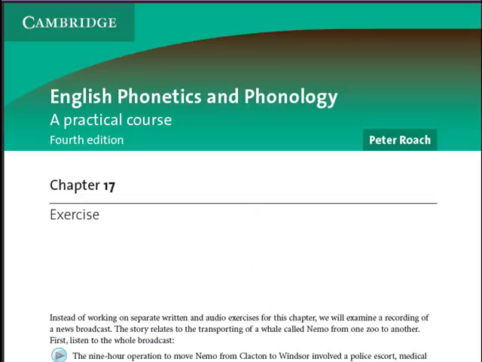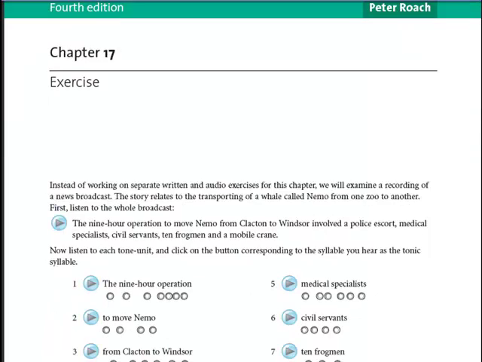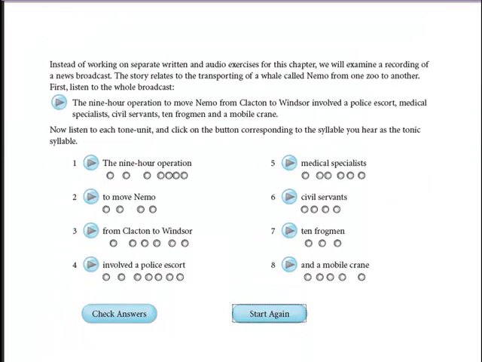The final unit we will review is Unit 17 of Peter Roach's English Phonetics and Phonology. Here we have one exercise in which we are asked to examine a recording of a news broadcast. The story relates to the transporting of a whale called Nemo from one zoo to another.